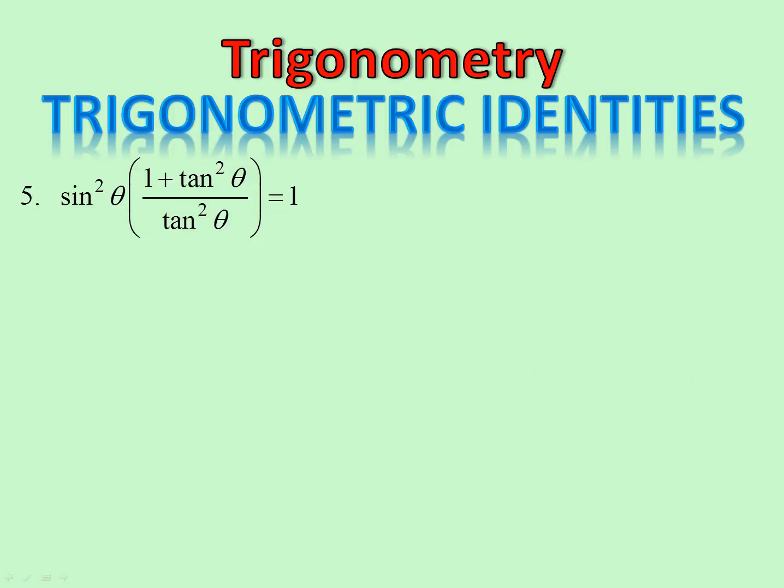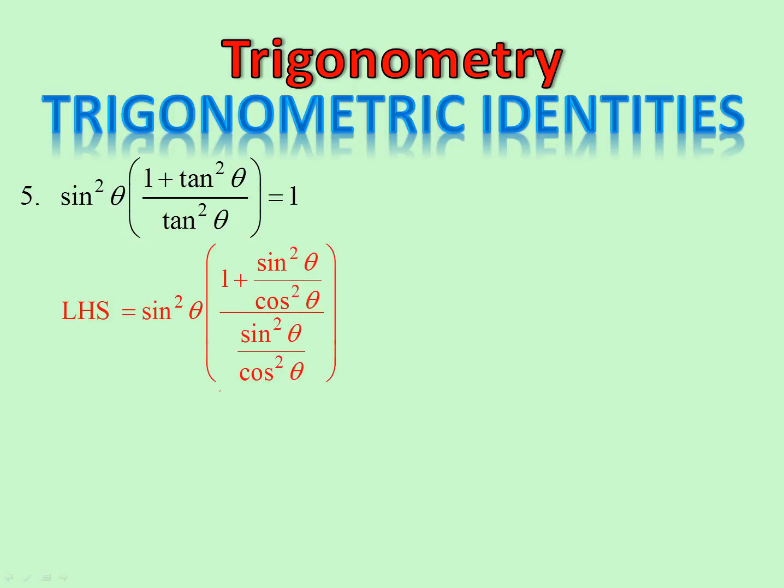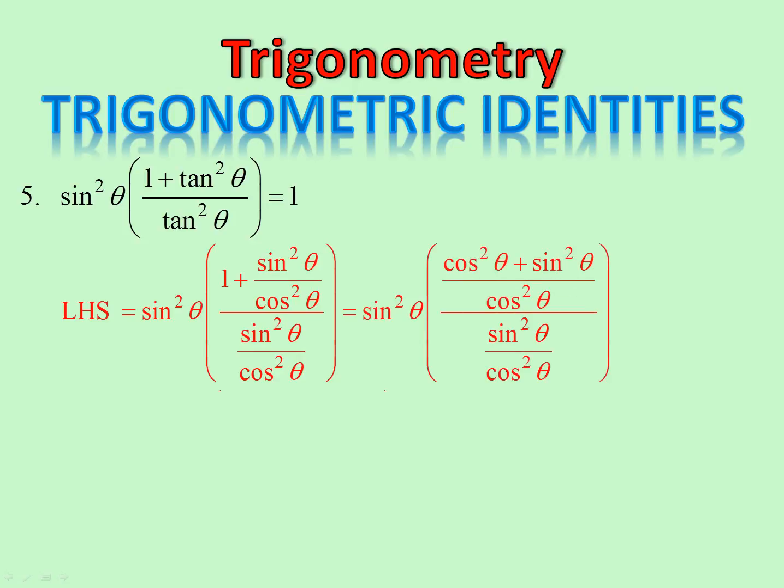Number 5. Any prizes for guessing which is more complex side? Yes, we're going to take the left hand side and we're going to change to sine and cos. Now here's the option. Alright.